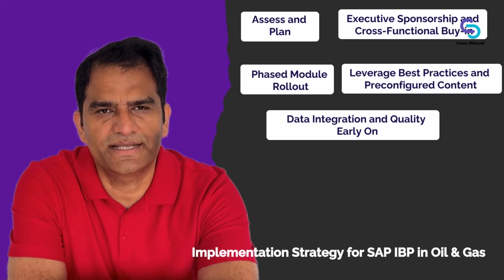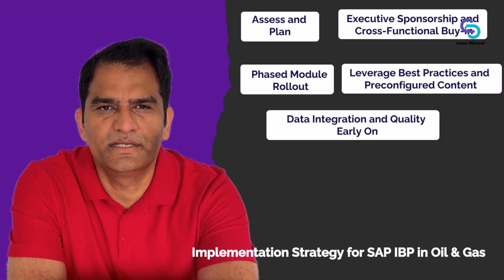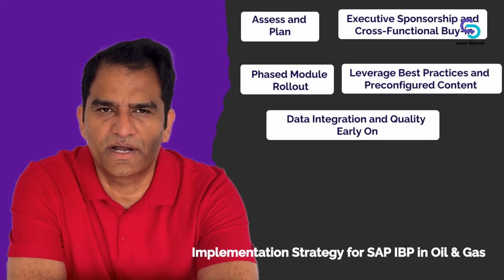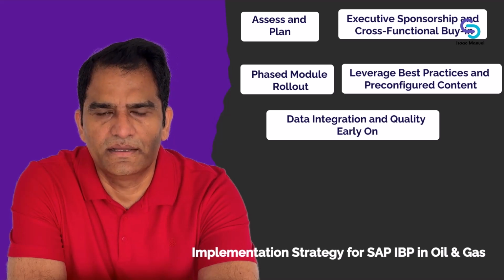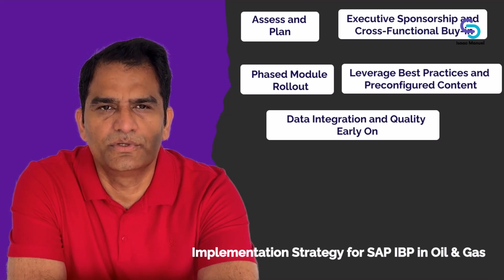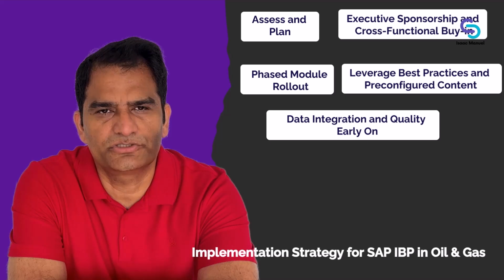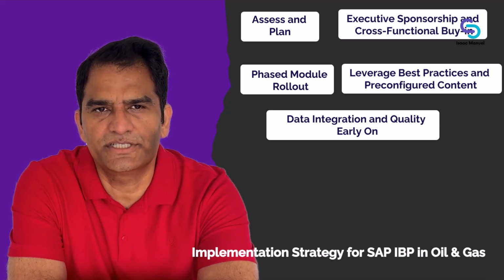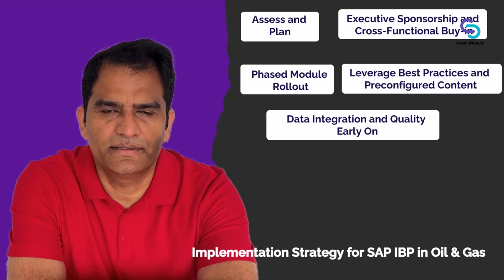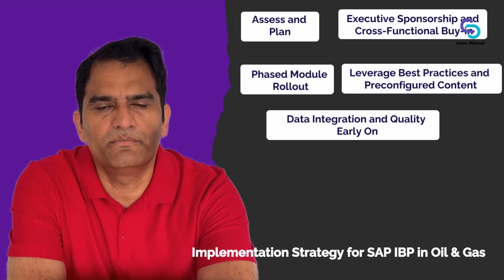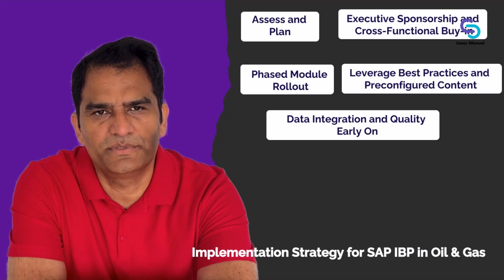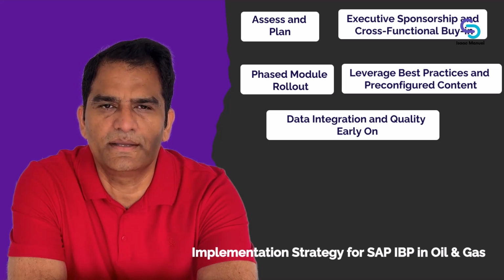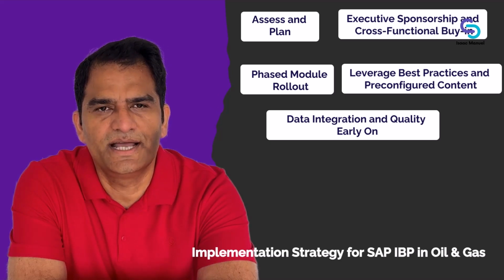Following this is data integration and quality early on. IBP is only as good as the data fed into it. A major implementation workstream should focus on integrating data from SAP S/4HANA or ECC or other sources into IBP's planning area. This includes master data, products, locations, bills of material, resources, and transactional data, historical sales, current orders, inventories, capacities. Oil and gas companies often have multiple disparate systems, upstream production systems, trading systems, distribution management, and so on, making data consolidation a challenge.